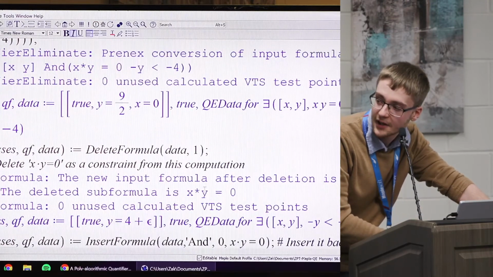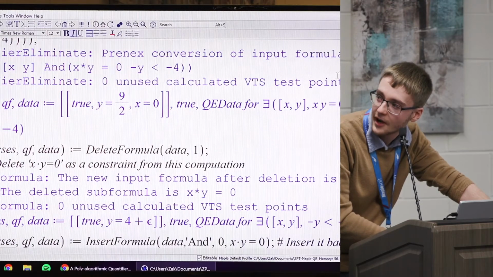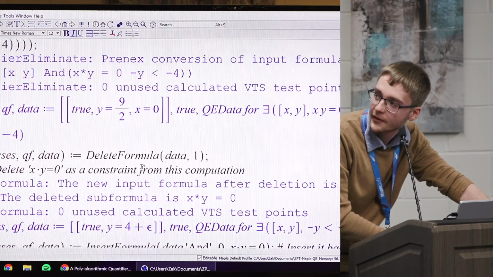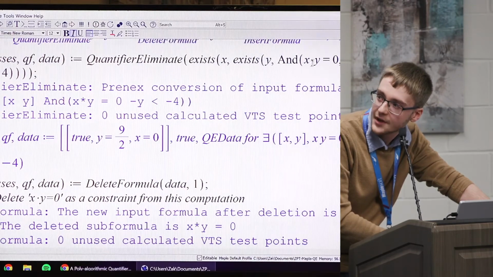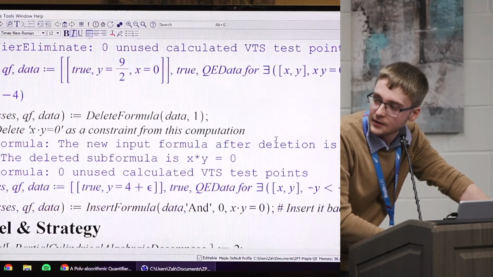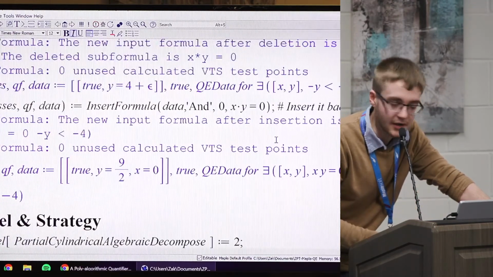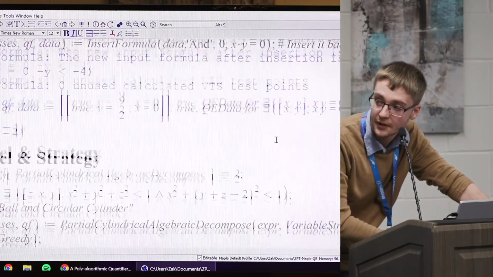So clearly if I choose something a little bit more than 4, then that was satisfiable without this, right? And then if I add it back, I can add it back. So you can insert formulae likewise.